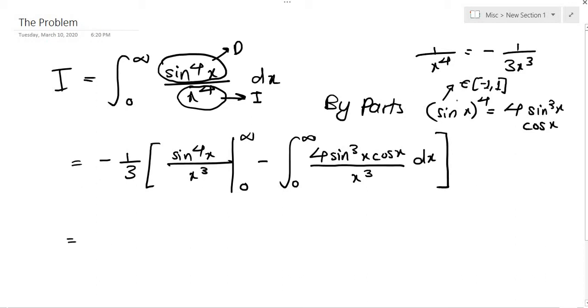So this thing entirely will oscillate between 0 and 1 because it can't be negative. So sine to the fourth of x will just keep oscillating between 0 and 1. It will have some sort of fractional value between them. We don't know exactly what, but it's bounded between that.